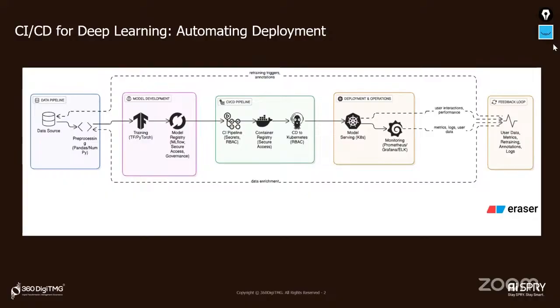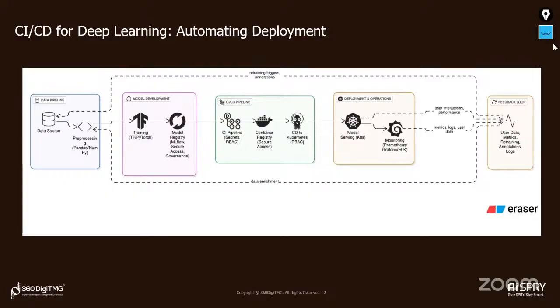We will have a CI/CD pipeline, in which continuous integration and continuous deployment automation will happen. When new code or models are ready, the CI pipeline builds a container image using Docker. It will include the model artifacts and the FastAPI server code.